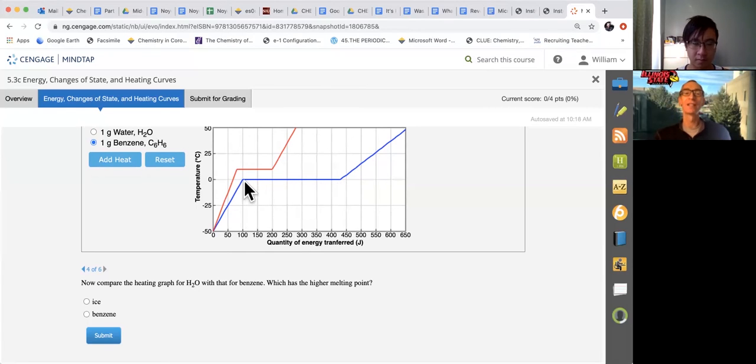Horizontal means that it's changing from solid to liquid. And apparently this is the melting temperature for benzene. Which one has the higher melting point? I say water melts at 0 degrees Celsius. I think benzene apparently melts at about 10 degrees Celsius. And so I want to say benzene for this one. What do you think? I'd agree.